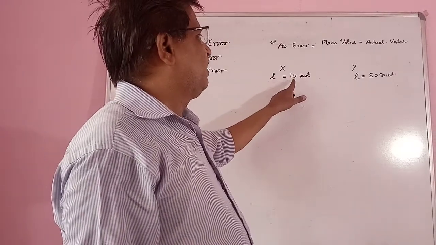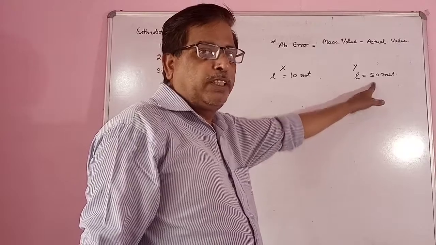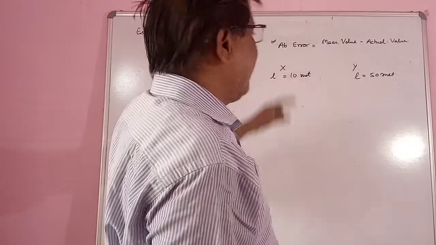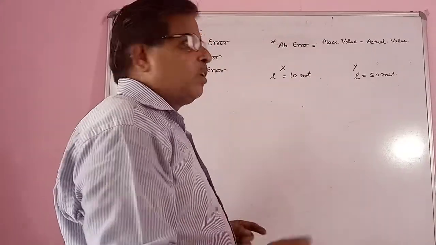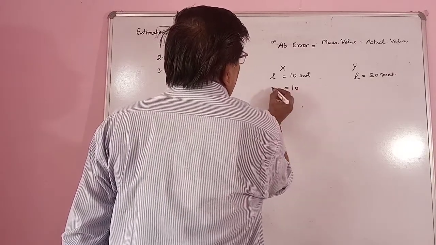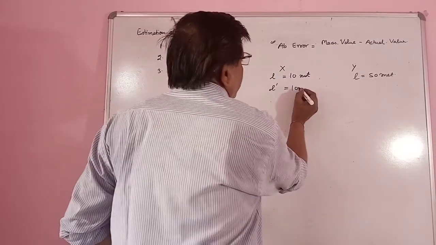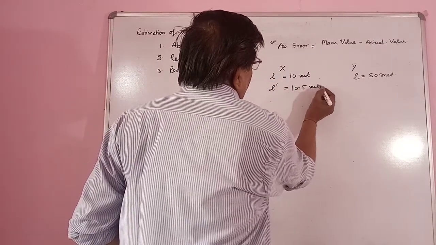Person X makes an error of 0.5, meaning the length measured by person X is 10.5 meter.